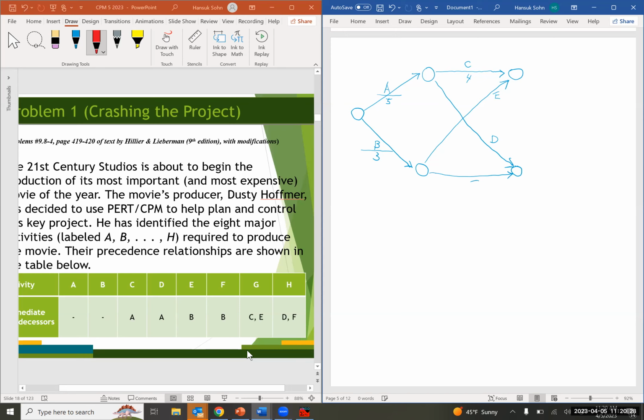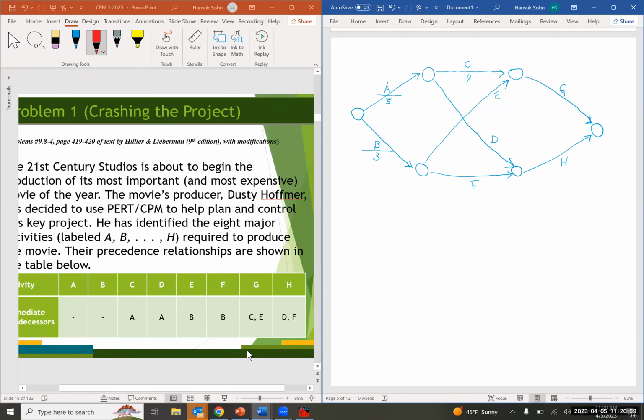This is going to be our F, G, right here, right? So that G has two predecessors. Those are C and E. And I'm going to have H that has two predecessors, D and F, okay? Like that.